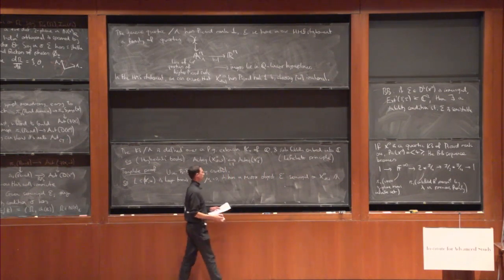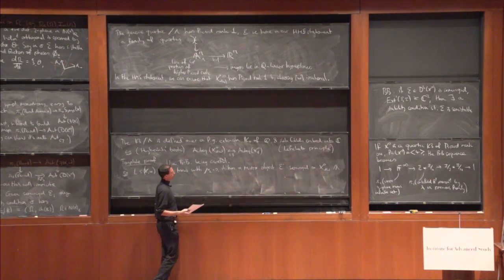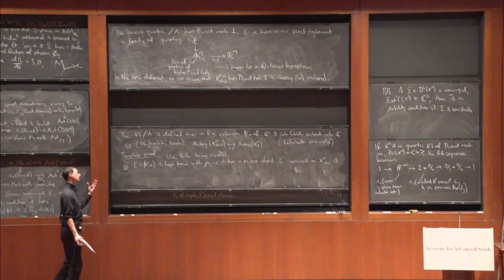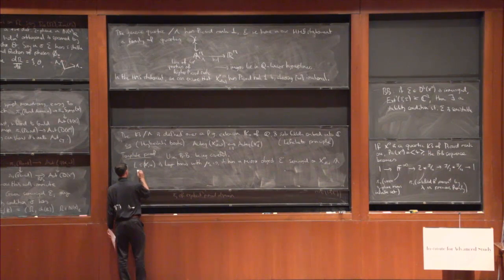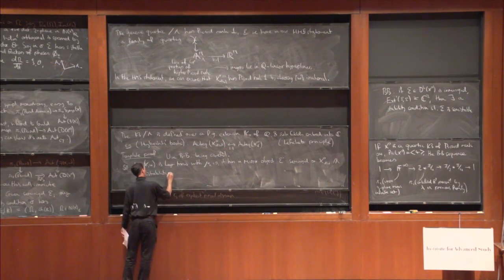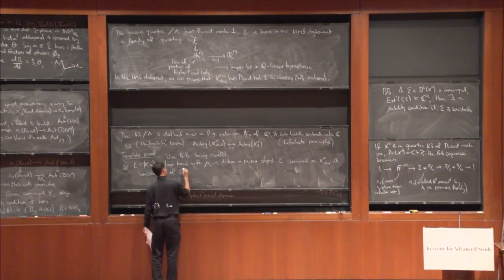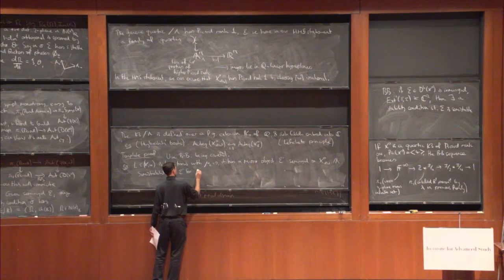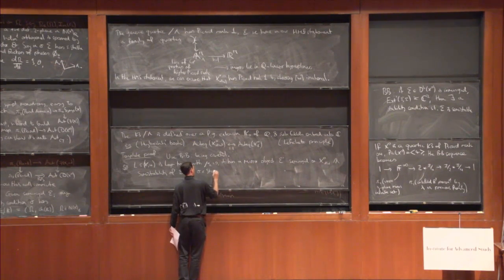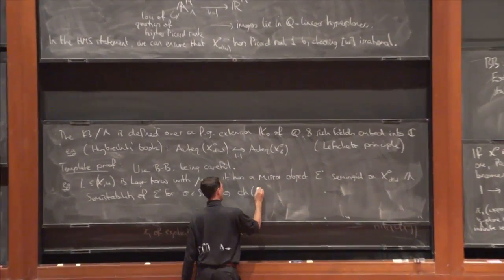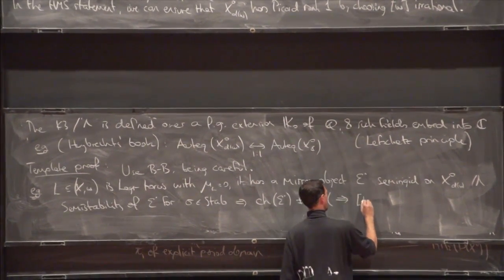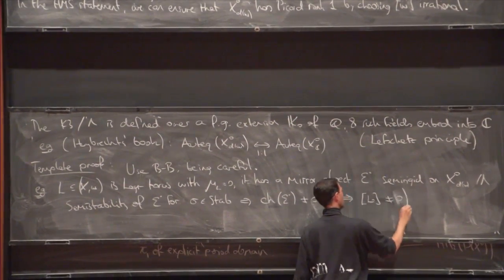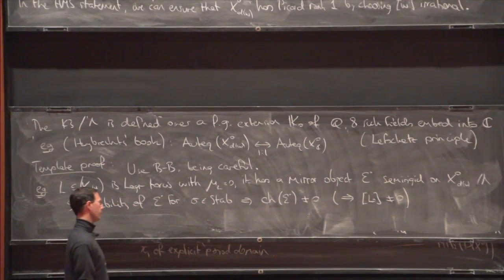E, which is some semi-rigid complex defined over lambda. We can choose a field where both this K3 over lambda and this semi-rigid complex are defined, so we can think we're working over C. Semi-stability of E for some stability condition implies that the Chern character of E is non-zero, which goes over to tell you that the homology class of L is non-zero.